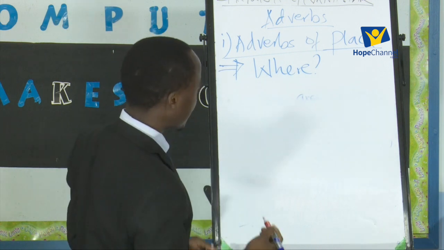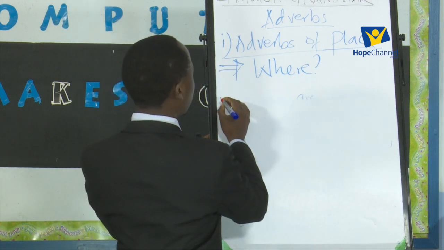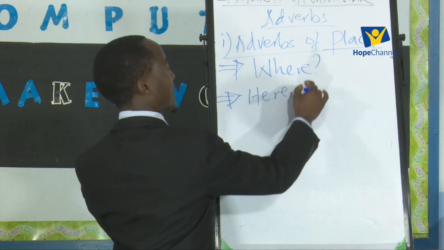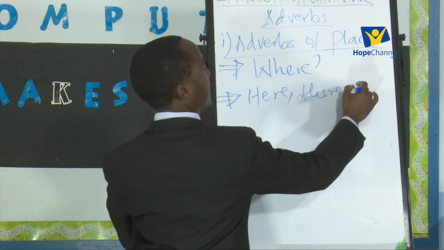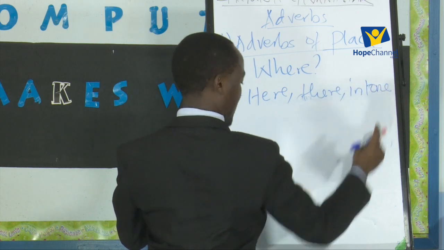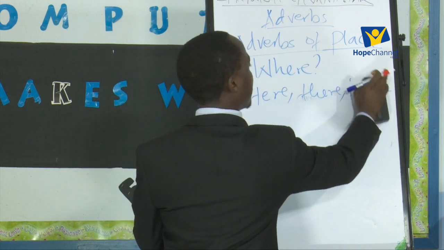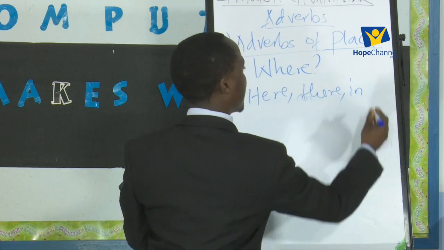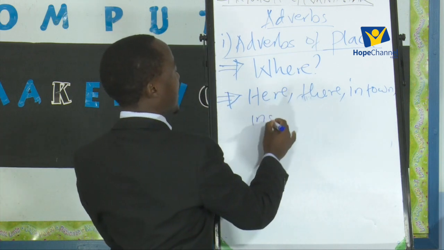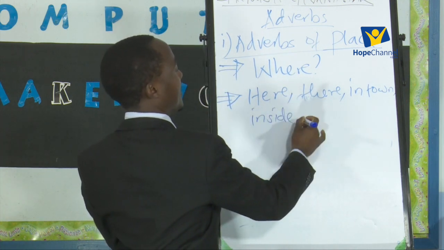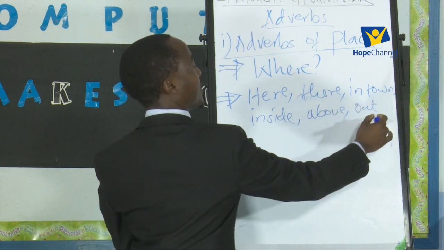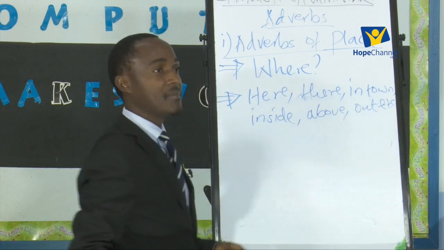For example, we have examples of adverbs of place like here, there, in town, inside, above, out, etc. They can be very many.